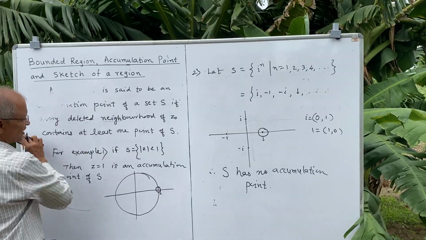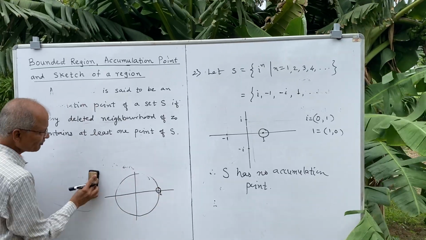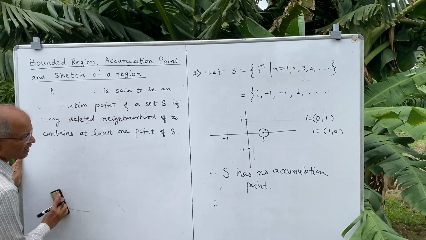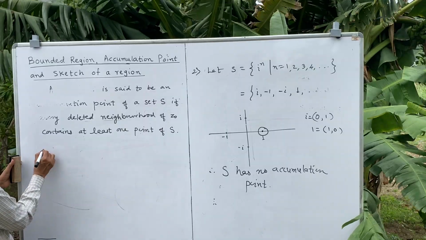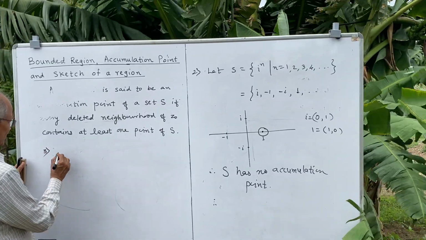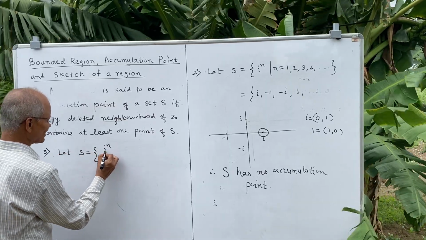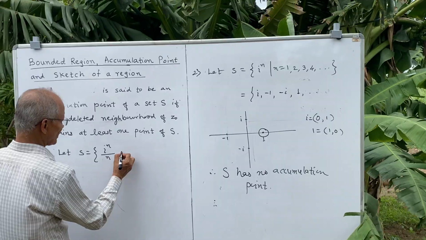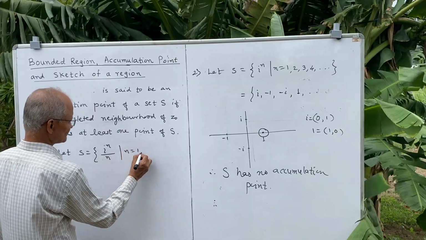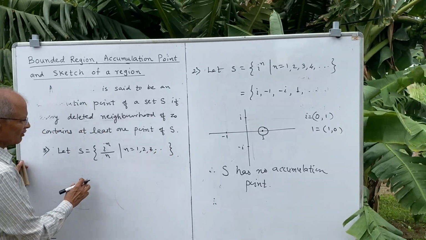Now, one more example we may have. An accumulation point is also known as a limit point. In real analysis also we have studied this accumulation point. Let S be the set I power n divided by n, where n again takes values 1, 2, 3, etc. Now, what about this?